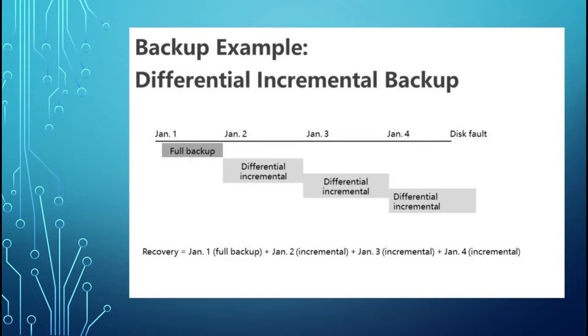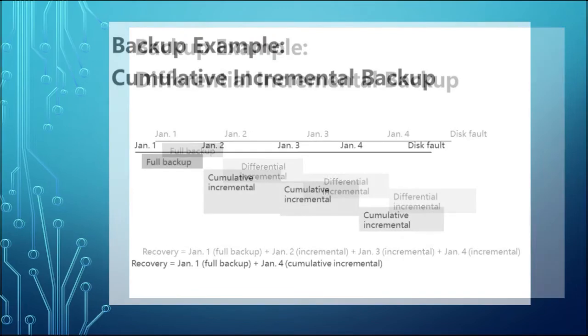The recovery is the Jan 1st full backup plus the Jan 2 incremental, Jan 3 incremental, and Jan 4. So I have to restore the whole chain. Otherwise, I will not be able to get the latest data. So in differential, this is the drawback. You have to restore the complete chain to go back to your recovery point.